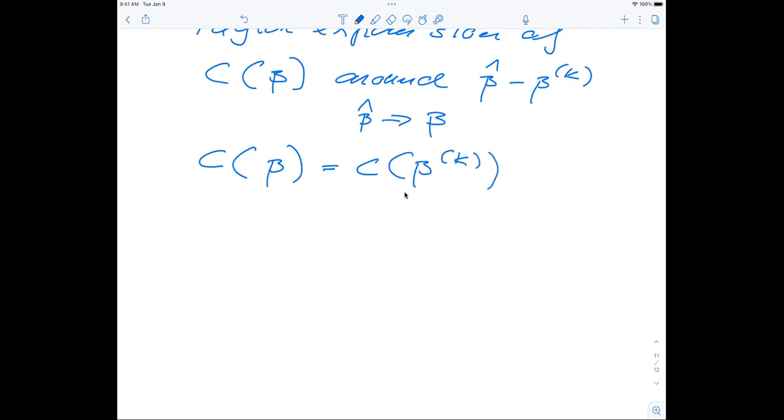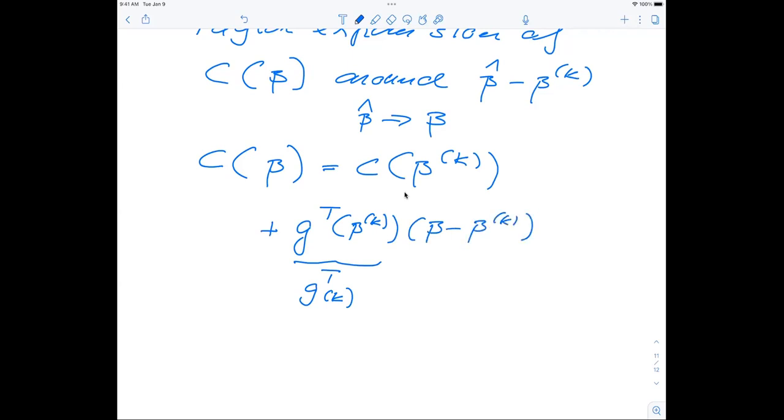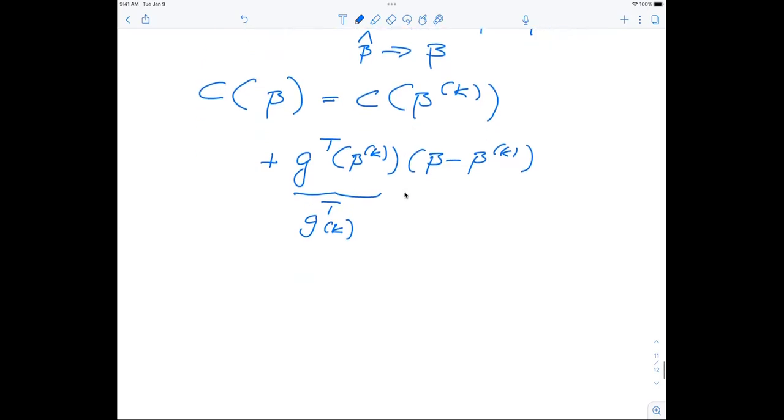We're just Taylor expanding. And then what I have is the gradient g transpose, because these are now vectors, at beta of k. I'm going to label this simply as g transpose at iteration k. And this is then multiplied with beta minus beta of k. And then I have the second derivative. Since these are matrices and vectors, I have to be a little bit careful with the order.